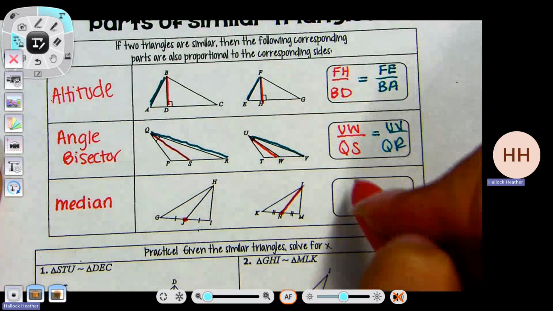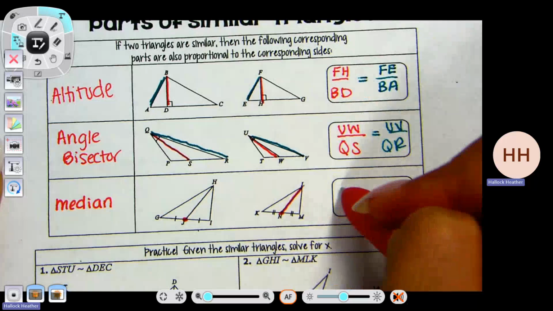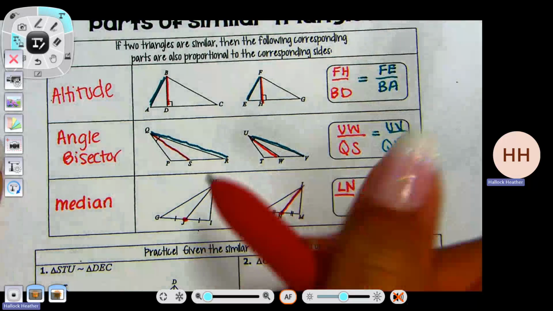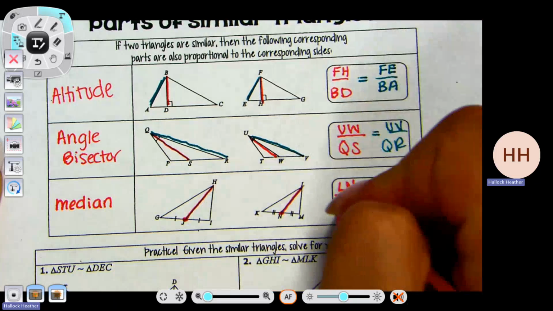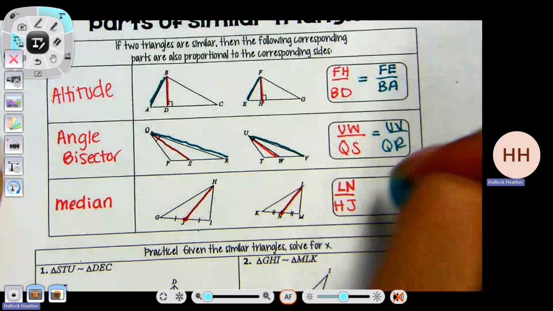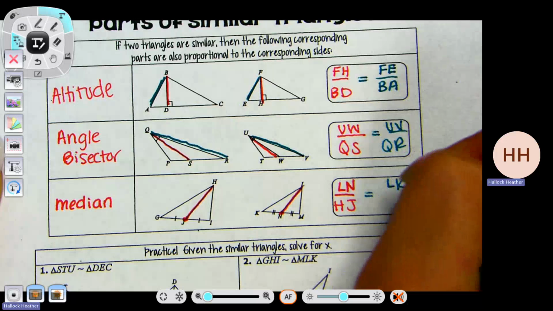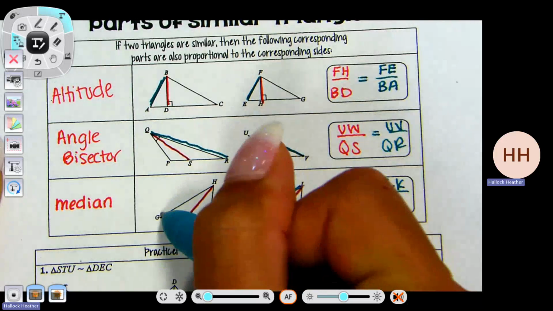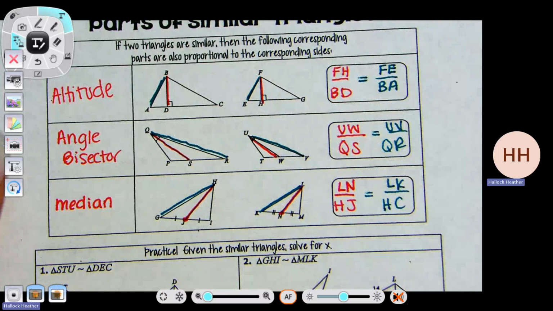If I say LN, LN matches with what on the big triangle? HJ, which is equal to LK over HG. And then it's the same as last week. We'll be cross multiplying. So easy peasy lemon squeezy. We just have some vocab.